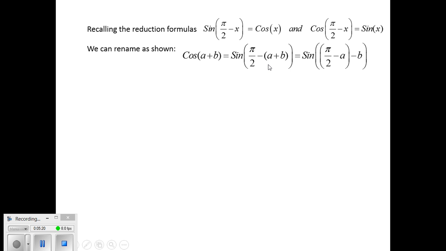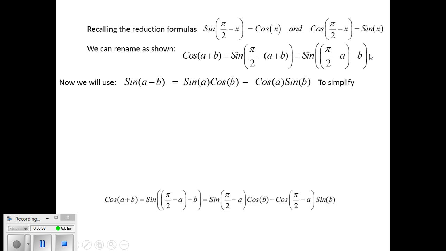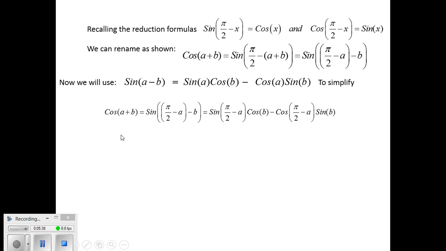So now I'm going to build my cosine of a plus b on this basis right here. So we're recalling this sine of one angle minus another angle. So here we go. The cosine of the quantity a plus b is the sine of the collective quantity pi over 2 minus a minus b.